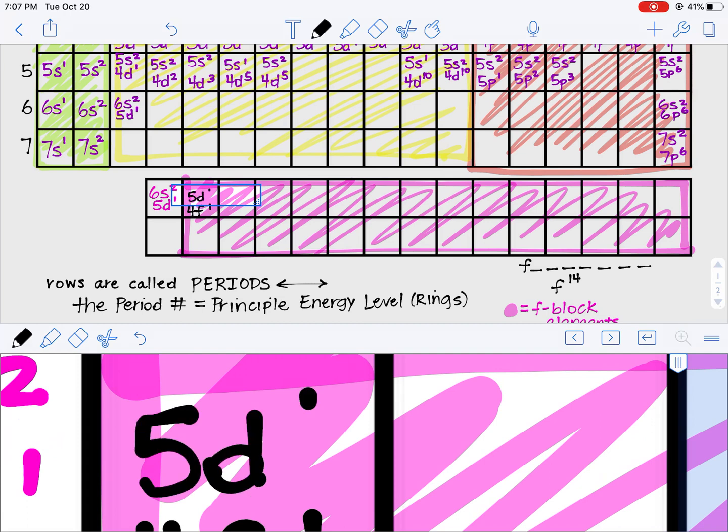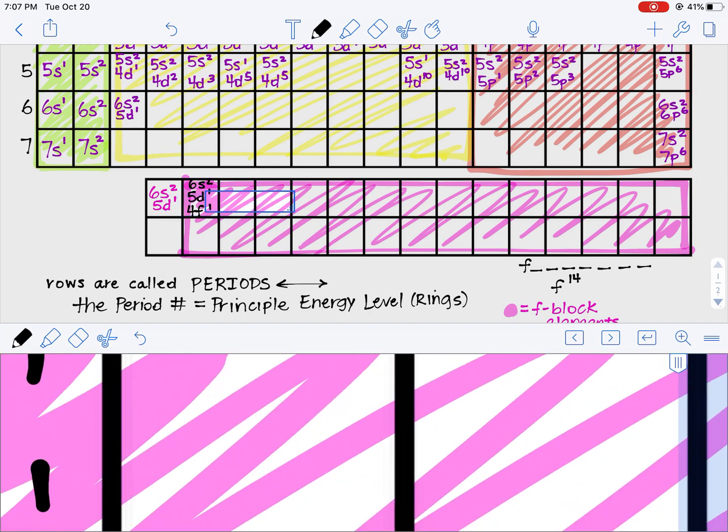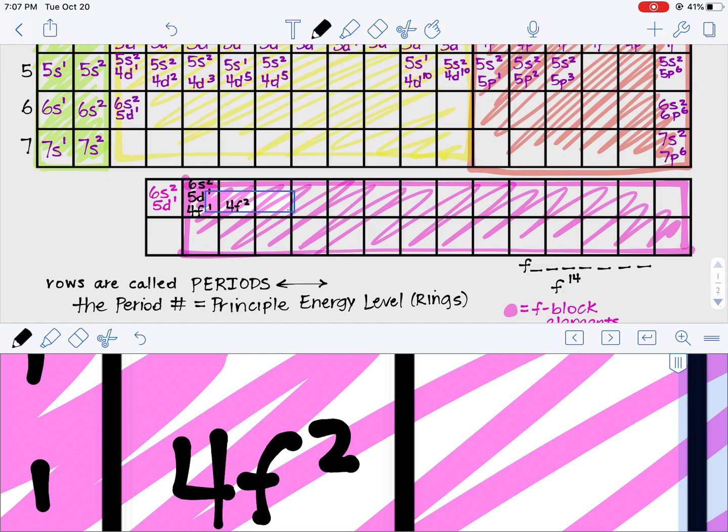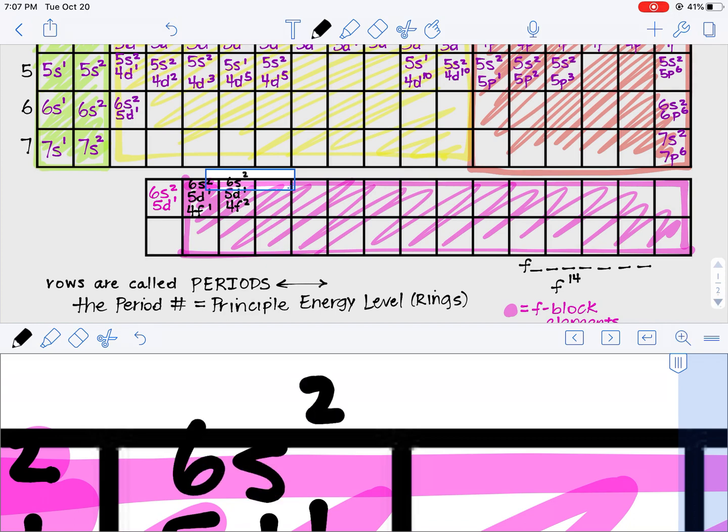But that electron doesn't get there until 1 electron went into 5d and until that S block in energy level 6 got filled. The next box over would be the second electron in the 4f sublevel, but that doesn't get placed until 1 electron goes into 5d and 2 electrons go into that 6s.